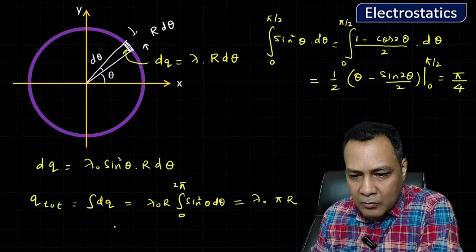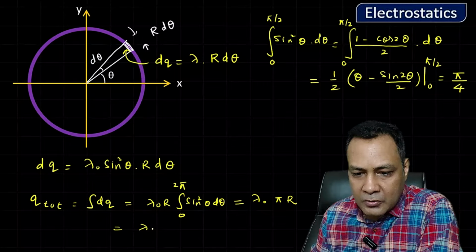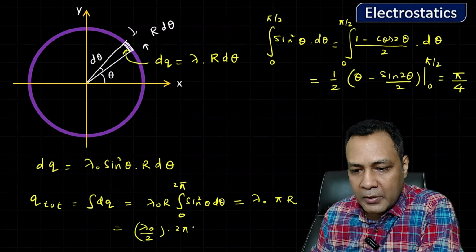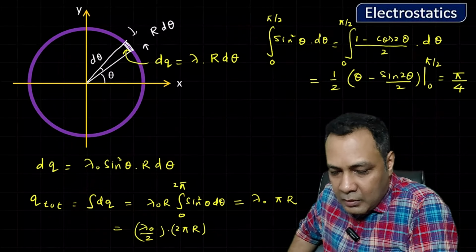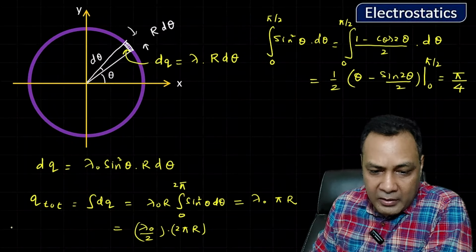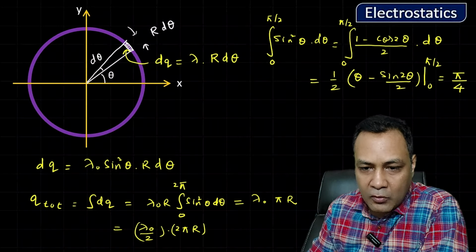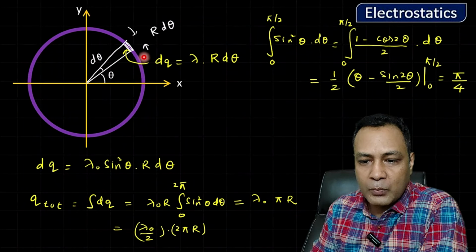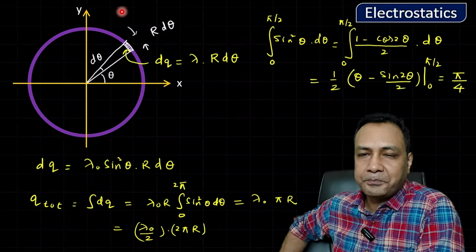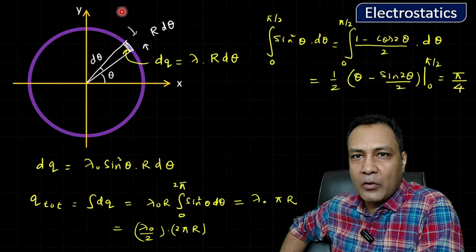So what I can also write is this, lambda naught by 2 into 2 pi r. Why am I writing this? See, if it was having a uniform linear charge density lambda naught, total length is 2 pi r, then the total charge would be lambda naught into 2 pi r.